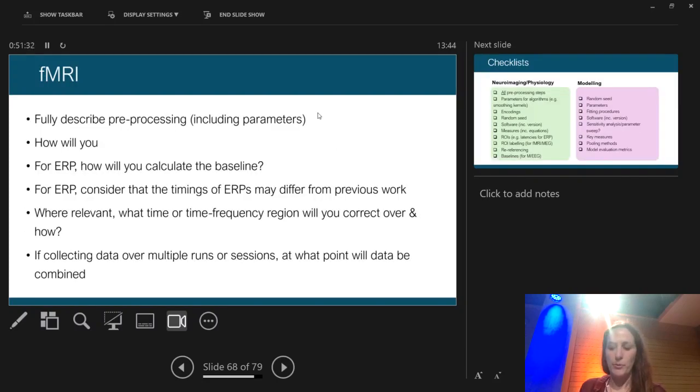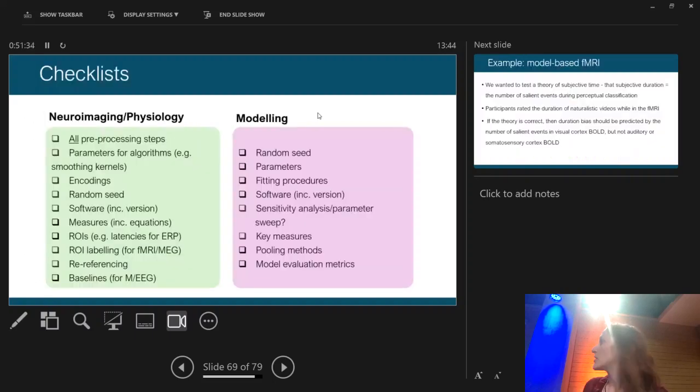There's a problem on this slide. Just as little checklists, I've put physiology together with neuroimaging, because most of the decisions are going to be very similar. In your pre-registration, you're noting all the pre-processing steps that you're taking, and the parameters for any algorithms you're using.